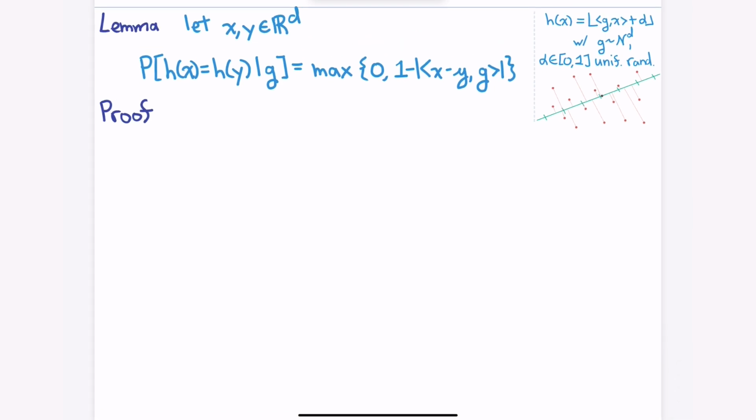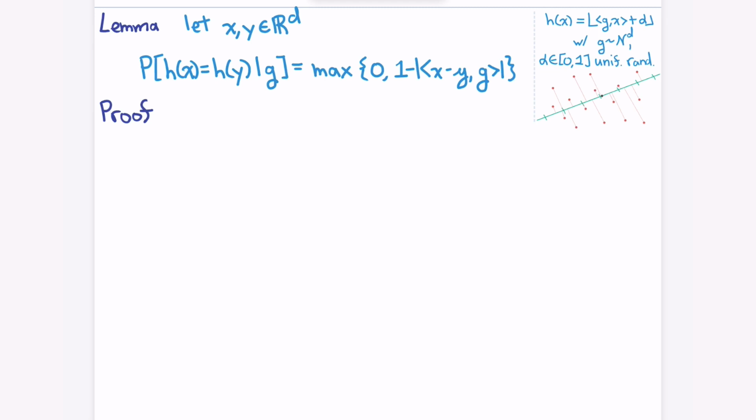All right, here's the claim. Conditional on g, the probability of them being split is 0 or 1 minus their distance on that line. If their distance is bigger than 1 on that line, then 1 minus the distance becomes negative. But of course, if they're more than 1 apart, then it should be 0, because they'll never be in the same interval. So that's good.